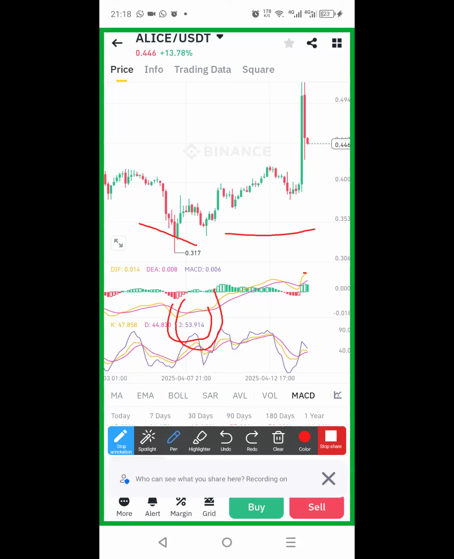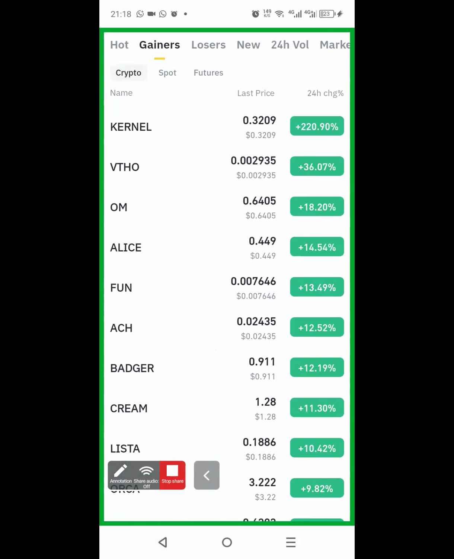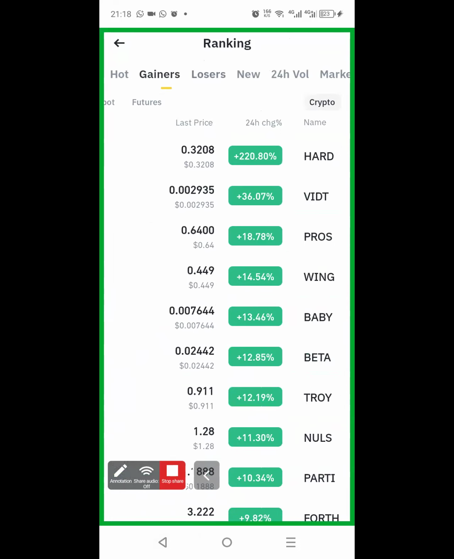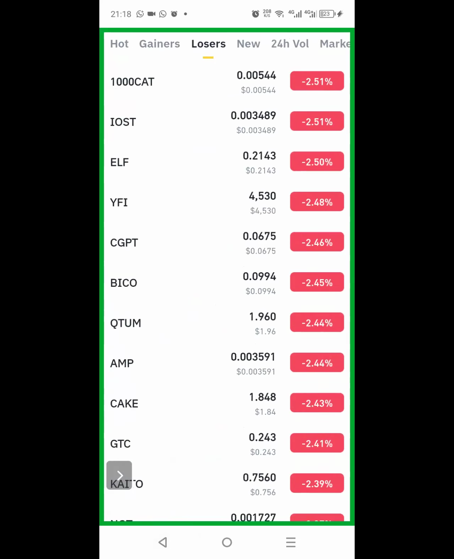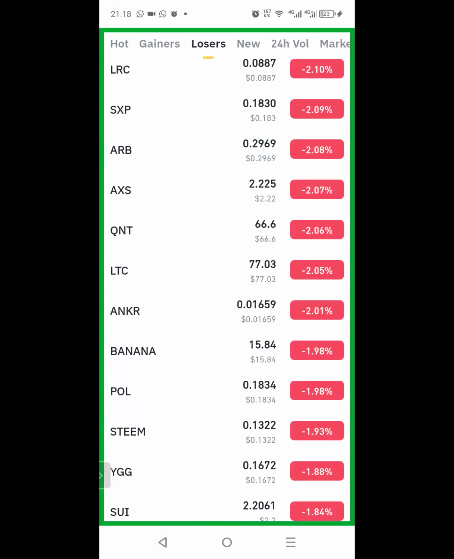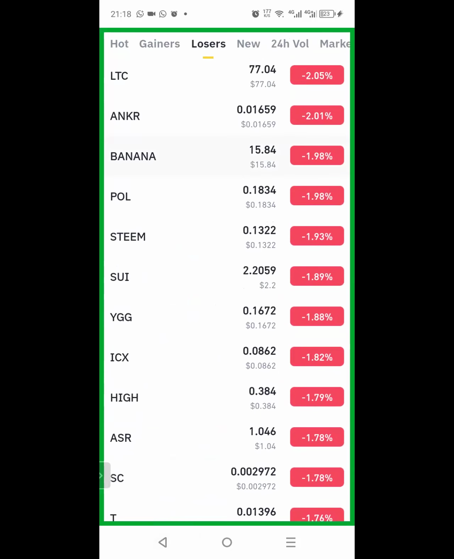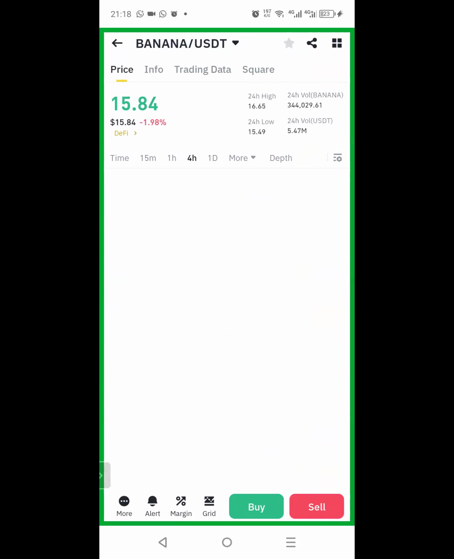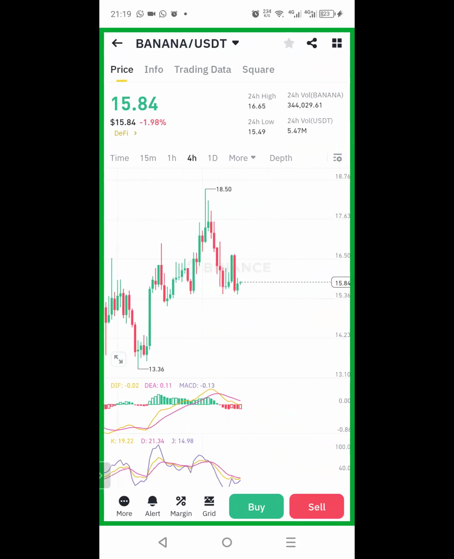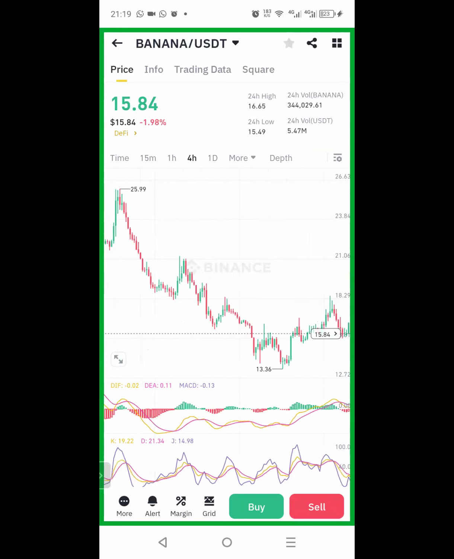So let me see if I can find any coin to indicate that for us. Let me try and see if there's any coin that can show that. Okay, let me use Banana as an example.